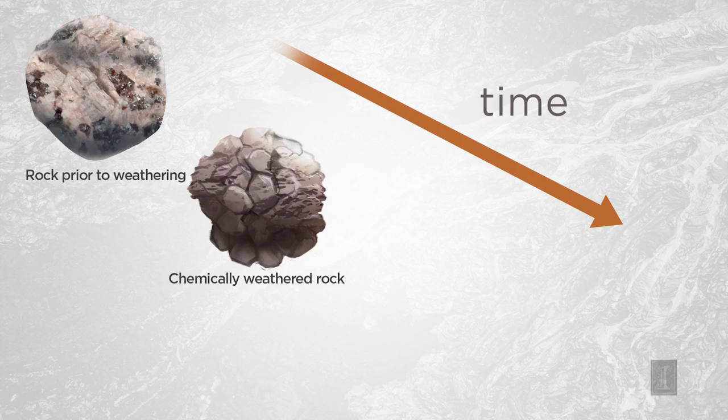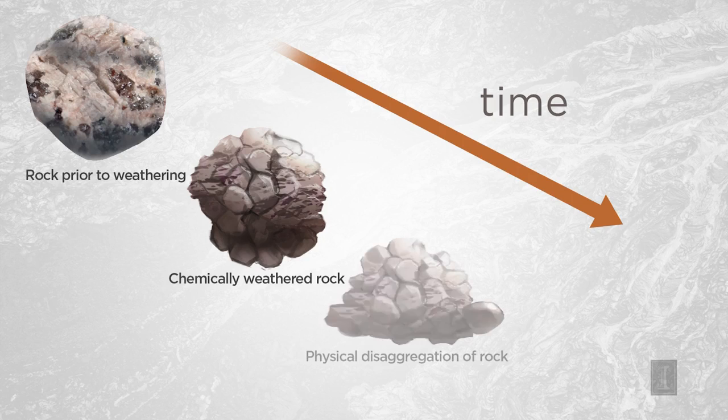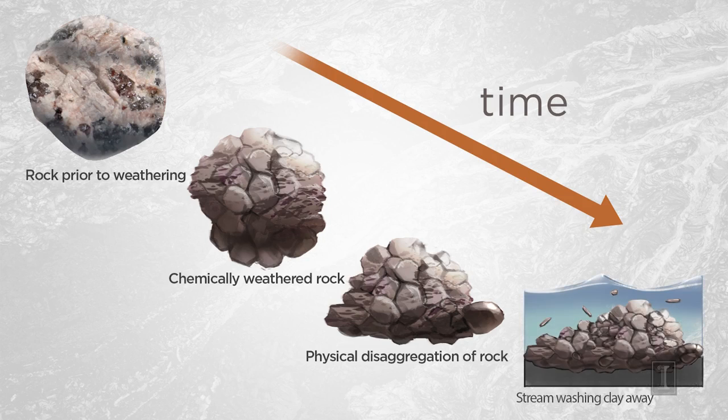As the process continues, eventually the clay is no longer strong enough to hold the still solid grains together and the rock disintegrates. And then when that disintegrated rock is acted on by a moving fluid, the finer grains of clay are carried away, leaving behind the coarser grains. Now it turns out that in the Earth's surface environment, quartz is much more stable than other minerals such as feldspar or hornblende or the other silicate minerals.